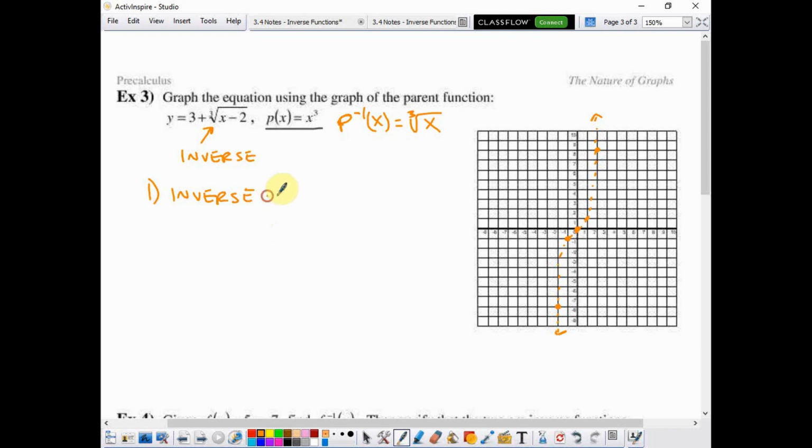That means we're going to flip the graph over the line y equals x, which also means every point x, y is going to become y, x.